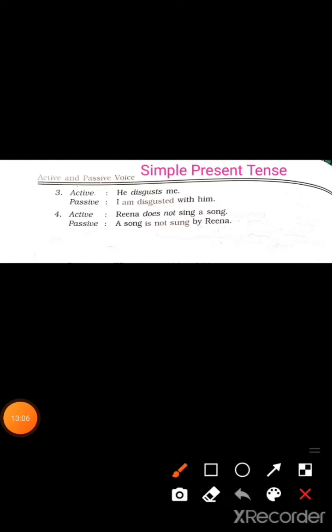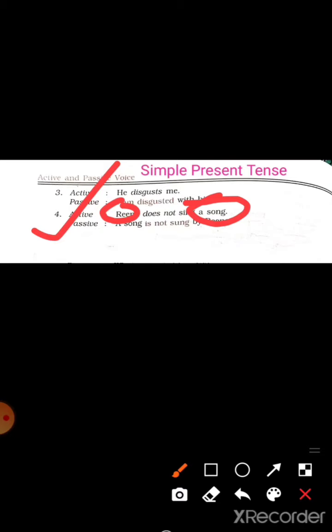Next example, Reena doesn't sing a song. So Reena is the subject, a song is the object. So subject will become object, object will become subject. So a song. After that it is written in present tense. How am I telling that it is written in simple present tense? Because the word does is there.